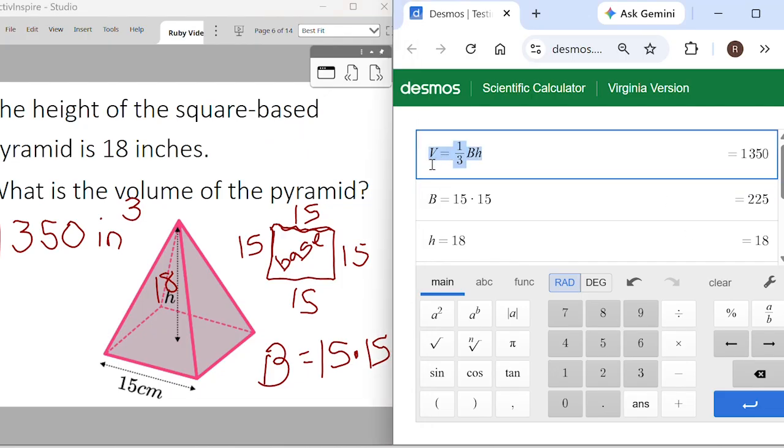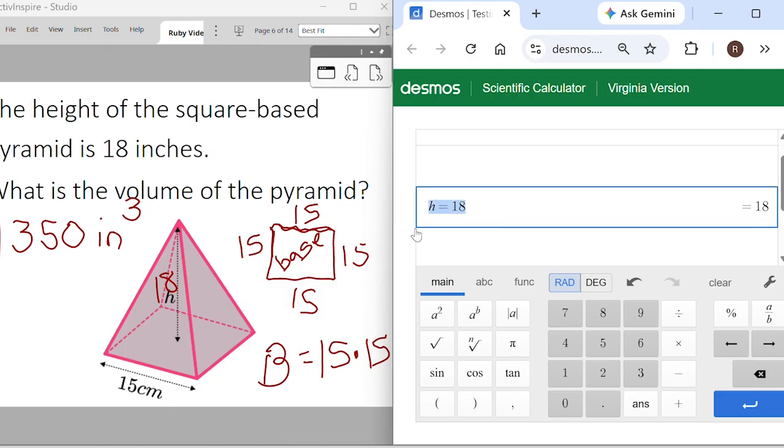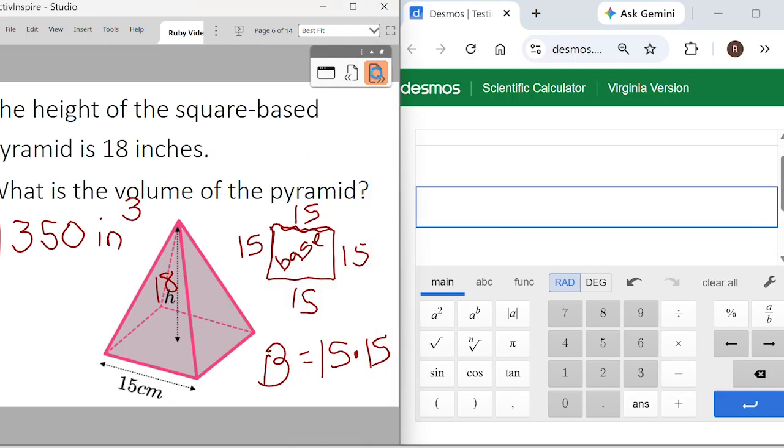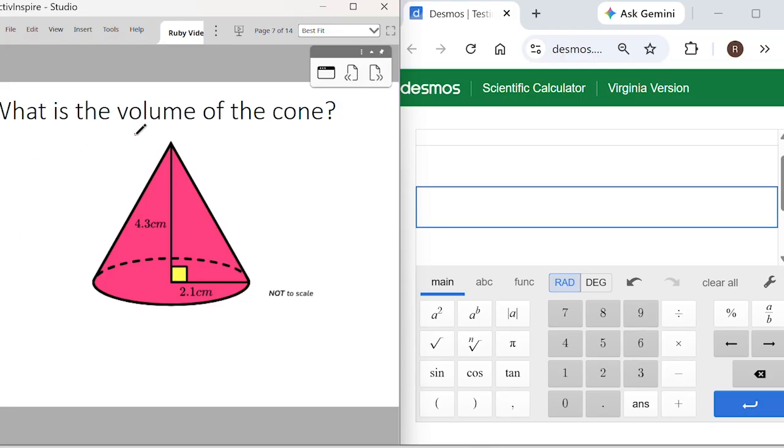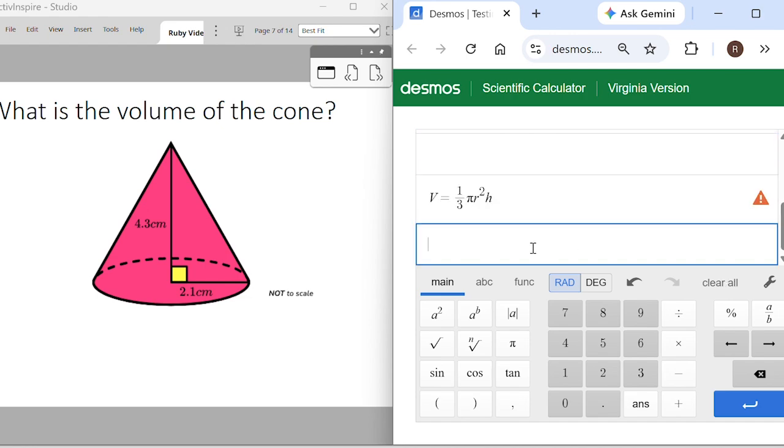Okay, so now let me get rid of these. And I think my cone formula is probably going to get some use now. All right, this says, what is the volume of the cone? Well, right down here, I have the volume of a cone formula. I copied it off my formula sheet earlier, and now we're going to use it. So ask yourself some questions. Does your calculator know what 1/3 is? Absolutely. Does it know what pi is? Yes, it does. It does not know r, and it does not know h.